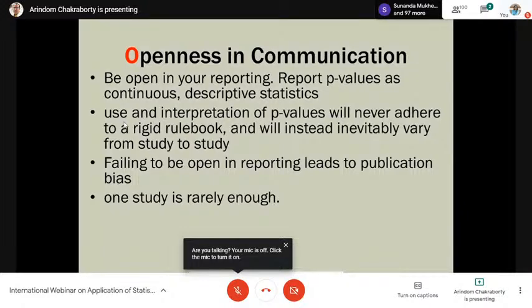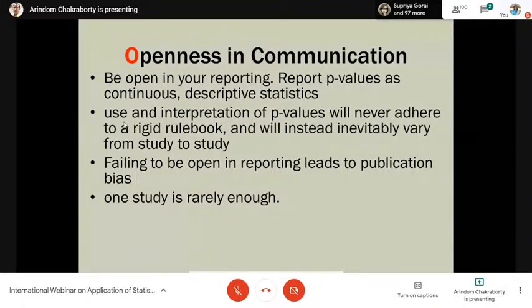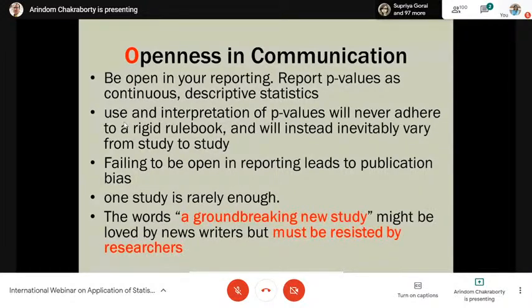This is very important, that one study is rarely enough. So you cannot conclude anything from one study. And the words you will hear on news channels, a groundbreaking new study or something new every day, might be very loved by the news writers, but must be resisted by researchers.